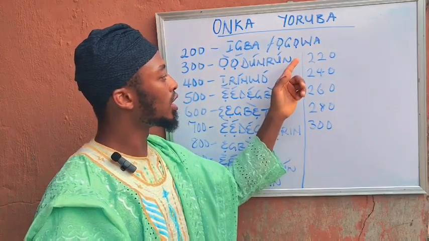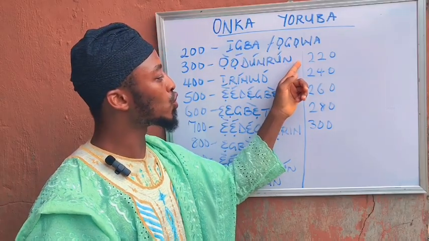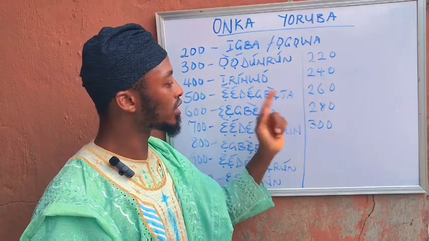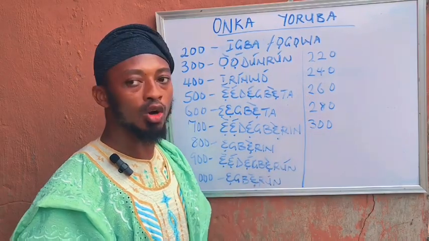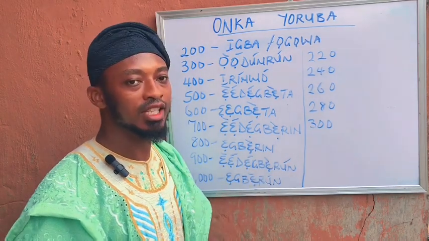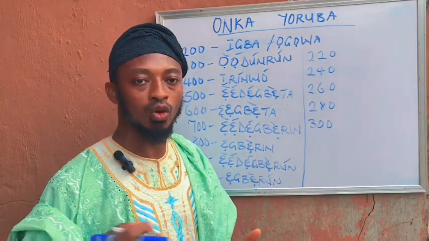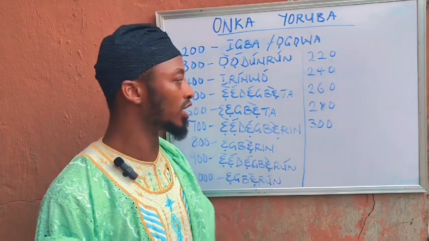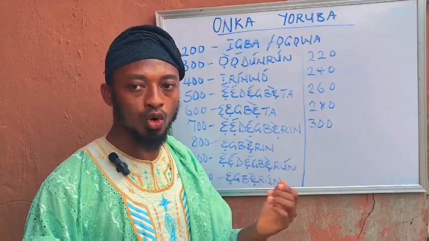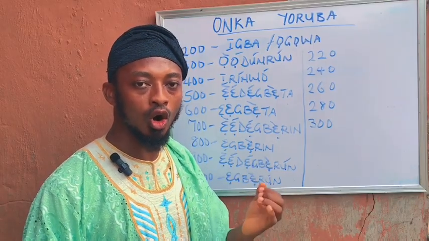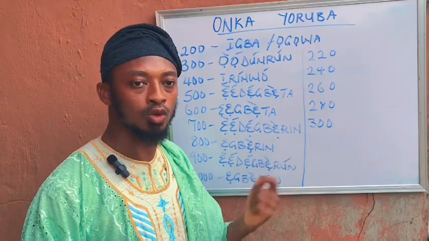So here we have numbers 220, 240, 260, 280 to 300. So how do we say these numbers in Yoruba? Now, if you remember when we were doing the lesson on how to count 1 to 200, we said 20 is Ogun, 40 Ogoji, 60 Ogota, 80 Ogorin, and 100 is Ogorun.